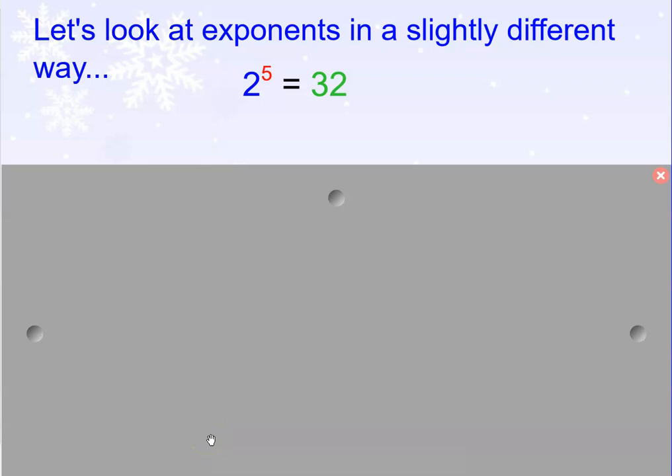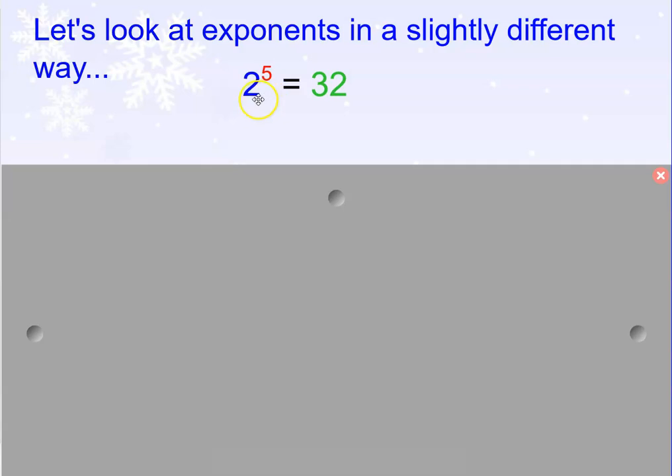Up to now, we've been looking at exponential functions, exponential equations, where we focus on this end result. So for example, 2 to the 5th equals 32. We call this 2 the base, this 5 is the exponent or the power, and this 32 is the result.